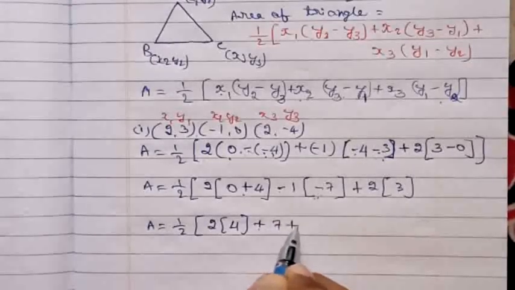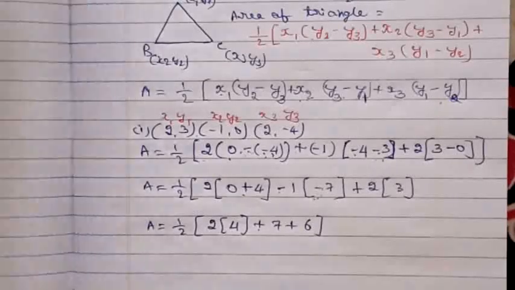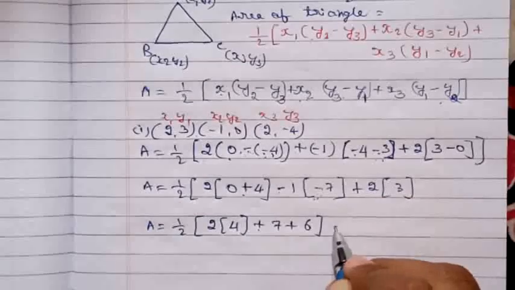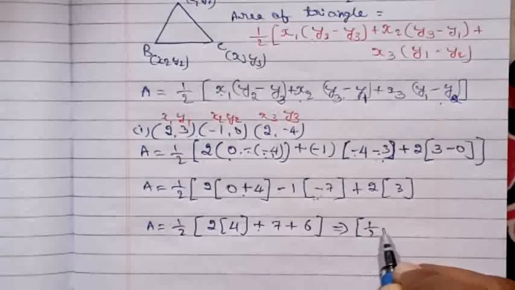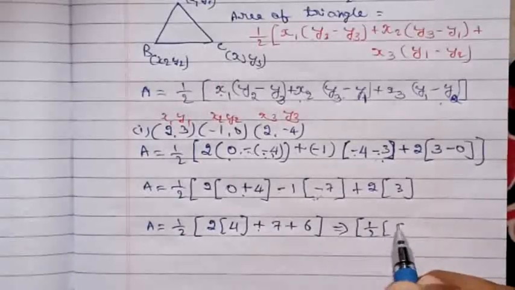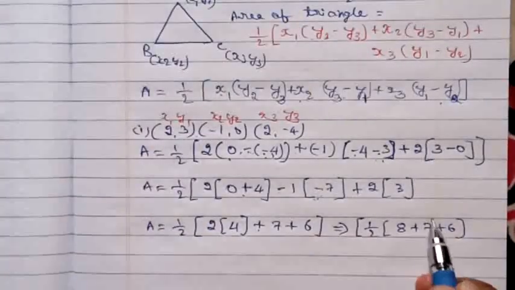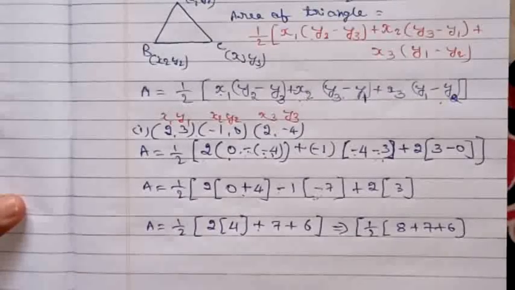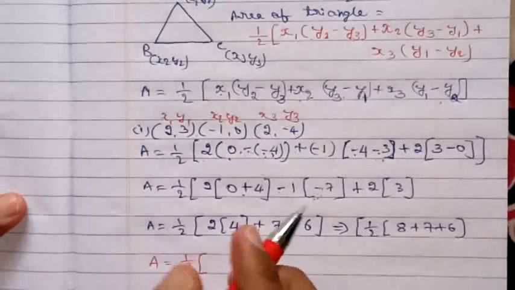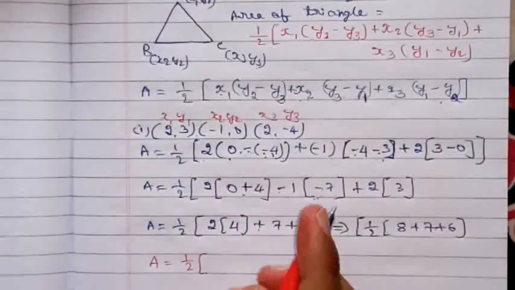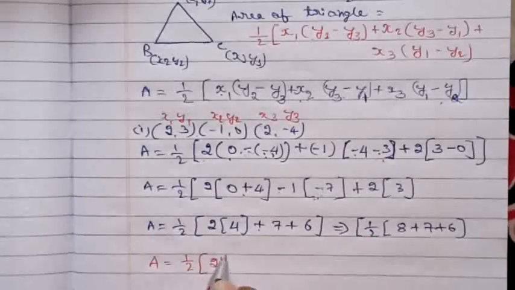Clear? Now plus 2 times 3 is 6. That implies half into, 4 times 2 is 8, plus 7, plus 6. Now add these: A is equal to half into 8 plus 7 plus 6. How much, children? 8 plus 6 is 14, plus 7 is 21.